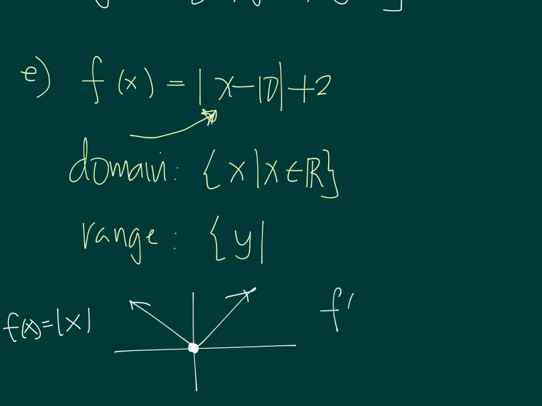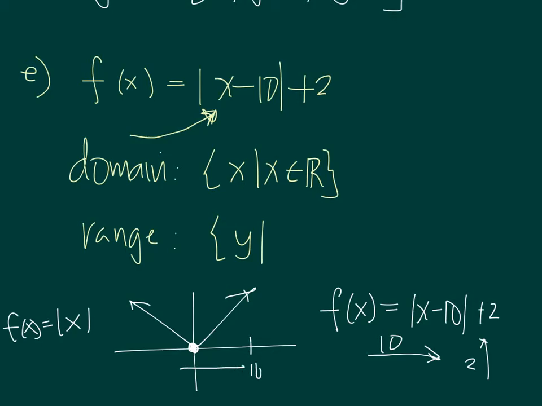So if I have to translate this or move it, x minus 10 plus 2 means 10 units to the right and then 2 units up. So let's say this is already at 10, so you're moving 10 units to the right, and then you have to move up by 2 units.